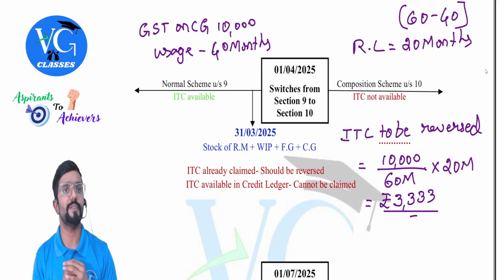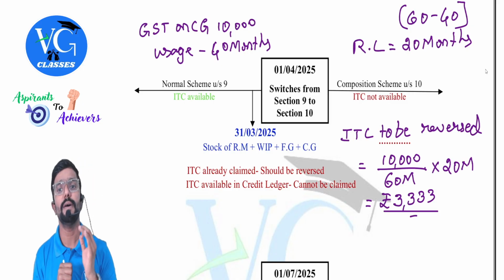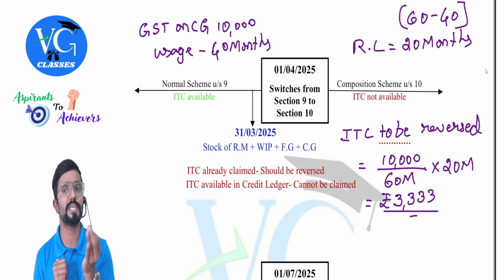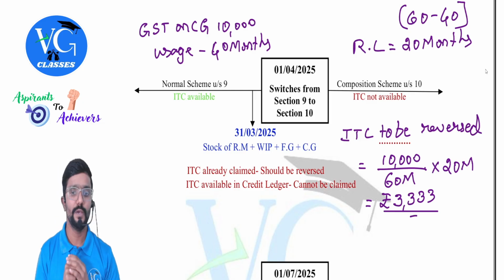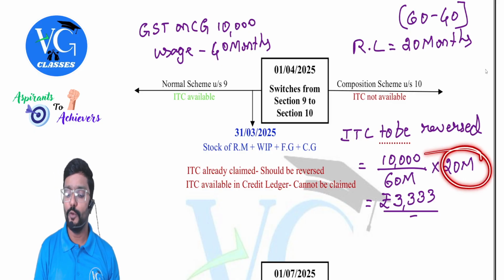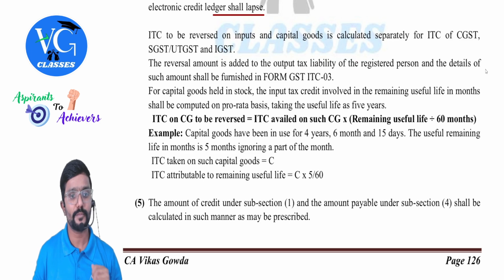The remaining life, we need to reverse. RL stands for what? Remaining life, guys. It was already used for 40 months before 1st April. So remaining life was 60 minus 40, 20 months. So credit has to be reversed only to the extent of how many months? 20 months.